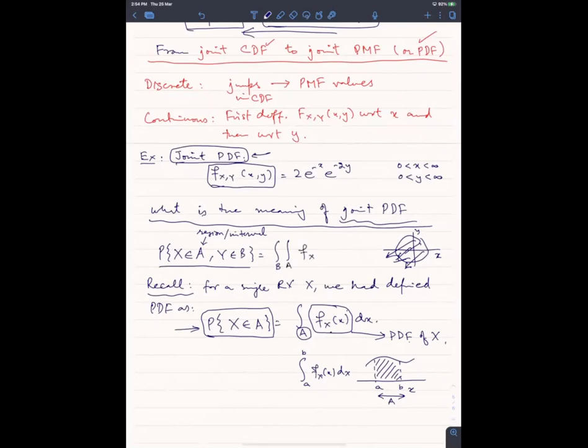If there is a function f x y जिसको इंटीग्रेट करें, डबली इंटीग्रेट करें x और y की दोनों की डायमेंशन में, अगर कोई ऐसा फंक्शन एग्जिस्ट करता है which gives you this probability for every a, for every b, then this is called the joint PDF of x and y.